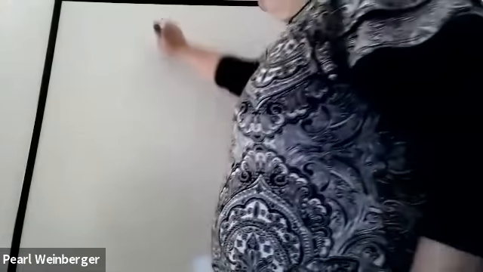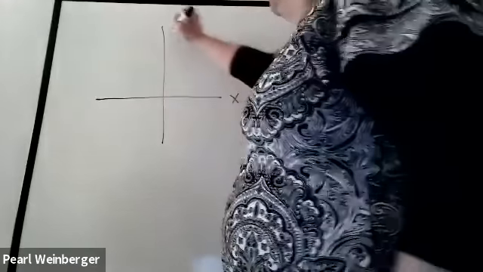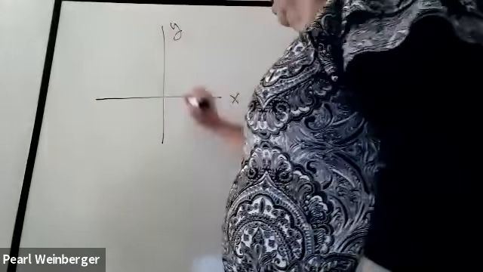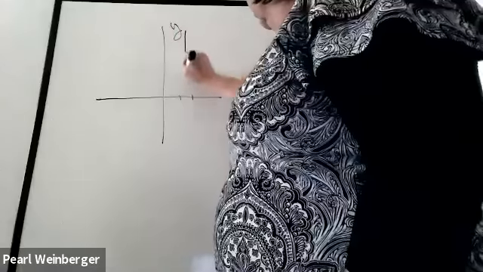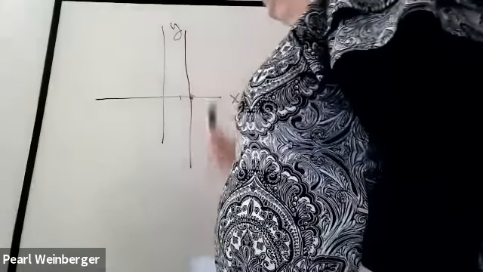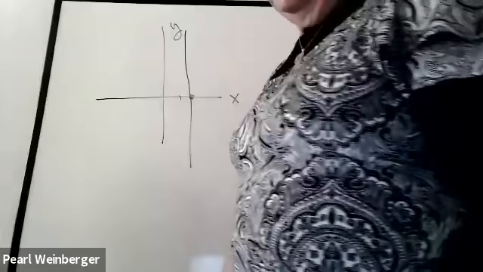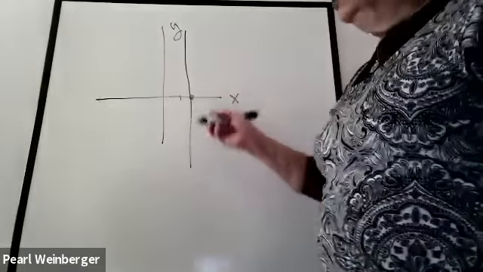Suppose I have, here's my graph again. Suppose I have this line, a vertical line, a line that goes straight up and down. But let's look at some of the points on this vertical line.